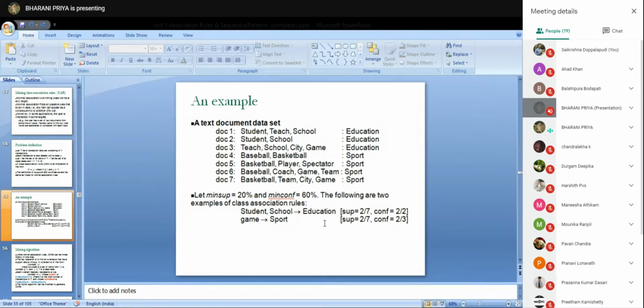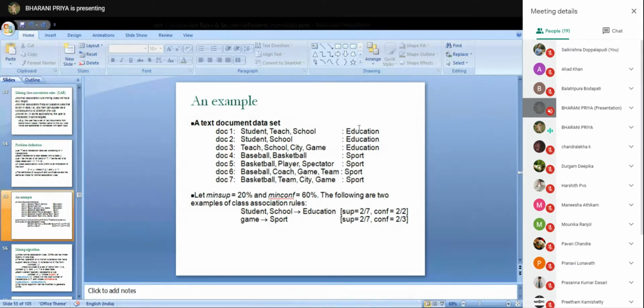We are generating these two rules. Whenever student, school is there, education follows, and its support is 2/7. Student, school, education appears in 2 out of 7 transactions, so 2/7.